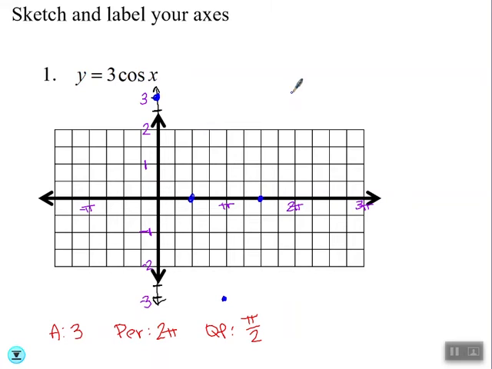It just gets stretched vertically. One of the ways that you can remember how to graph a sine curve or a cosine curve, for cosine, you think high, 0, low, 0, high. So if I connect these points, that will be one period of the cosine curve.